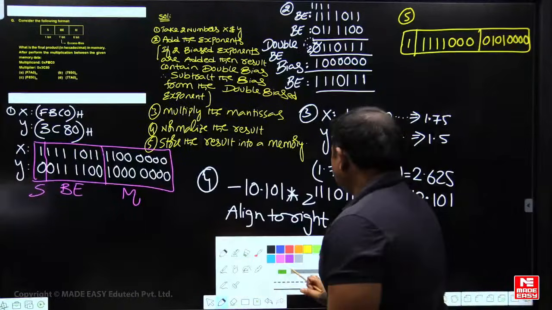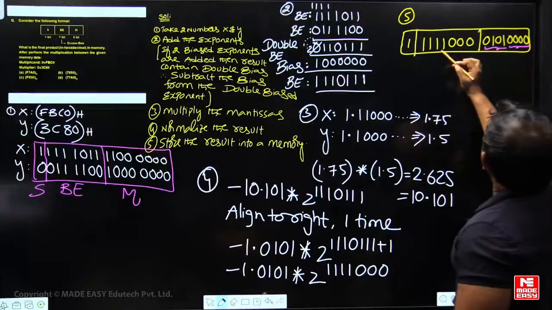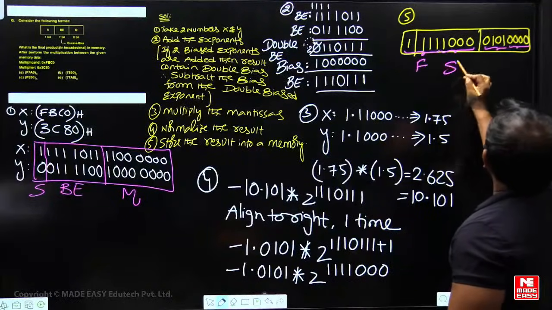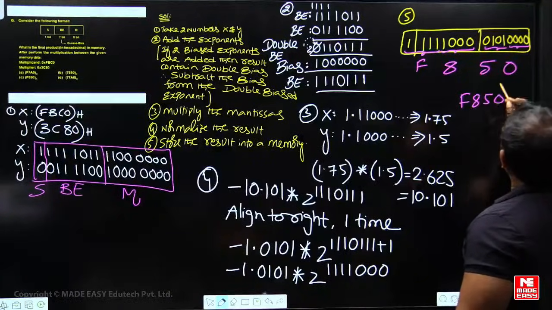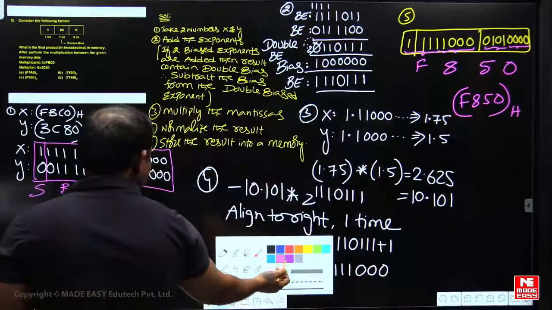Now group the bits, 4 bits, 4 bits, 4 bits. F 8 5 0. This is the answer.